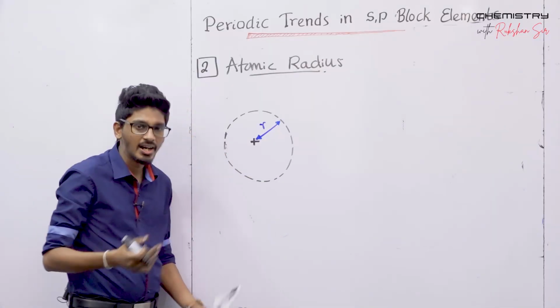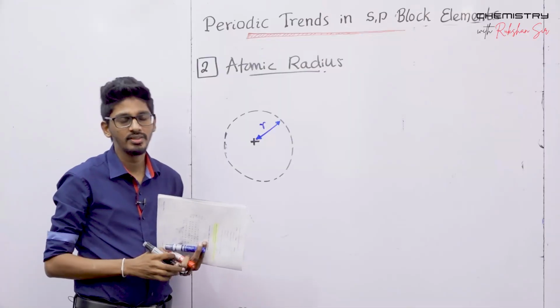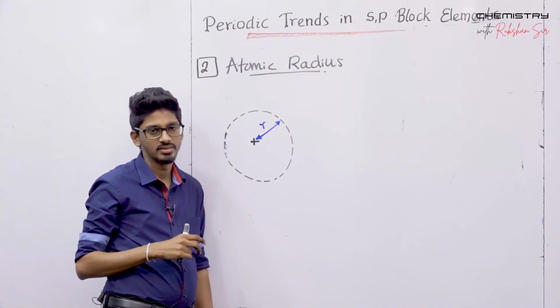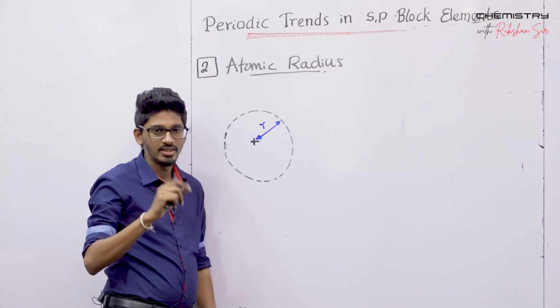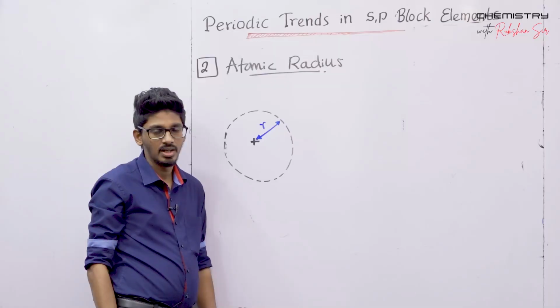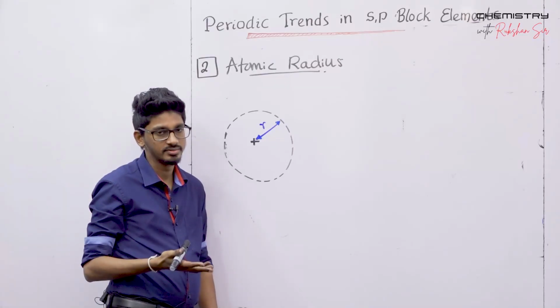Actually, atoms are not hard spheres like Dalton said, and not like Thomson said with his plum pudding model. Atoms are not hard spheres.